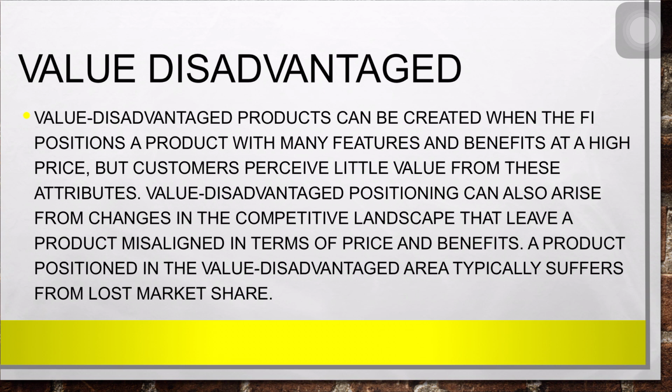Products may be deliberately positioned as value disadvantage due to a market segmentation strategy. Some segments within the market may prefer a certain combination of benefits that are not valued by others.